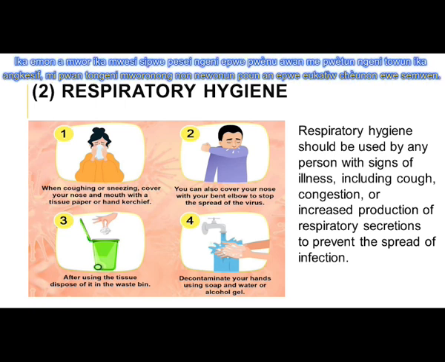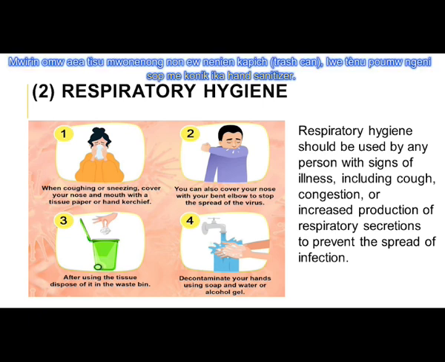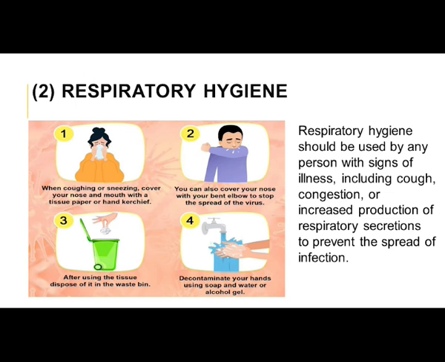If someone is coughing, we encourage them to cover their nose and mouth with tissue or handkerchief, and they can even cough over the arm, at least the elbow, to stop spread of virus, as you can see in this picture. After using those, you have to throw the tissue in a proper waste bin, and also wash your hands straight after that. So that's one of the precautionary measures.